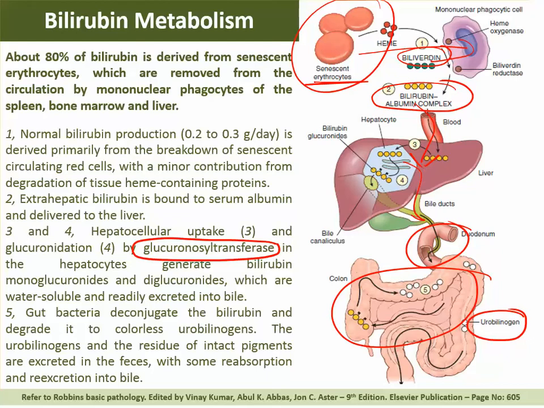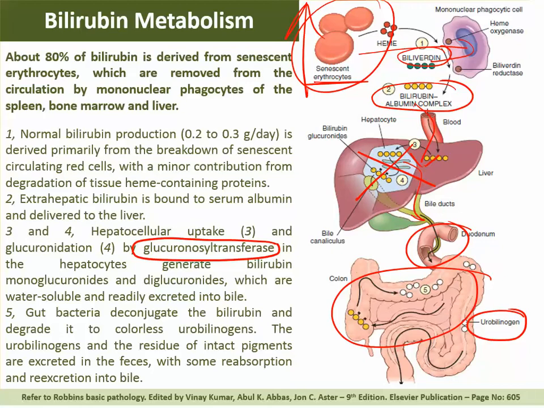Now if any problem happens with the destruction of RBC, with more destruction you get more bilirubin. It is called a prehepatic cause. If there is any problem in the liver cell where they cannot do conjugation due to hereditary enzyme deficiency, or the liver cell is damaged by a virus, by a toxin, or by alcoholism, then the liver cell cannot conjugate the bilirubin.